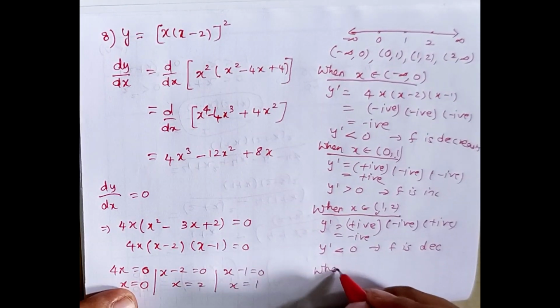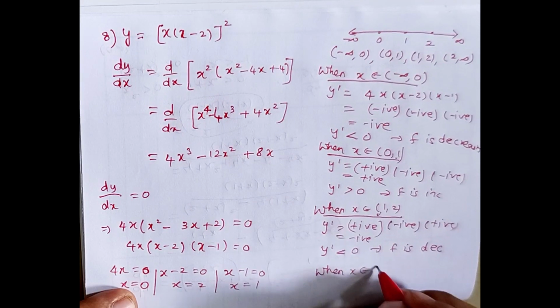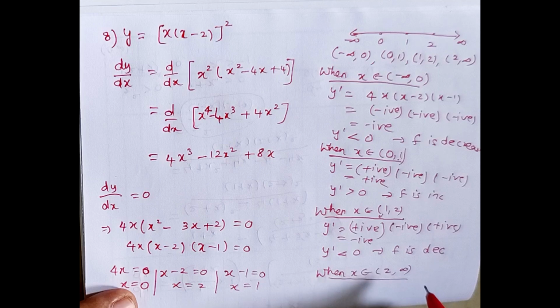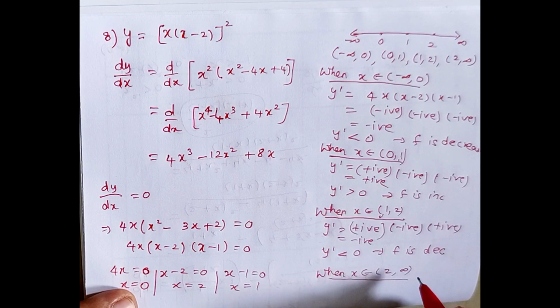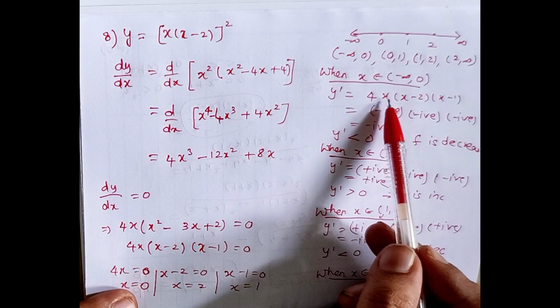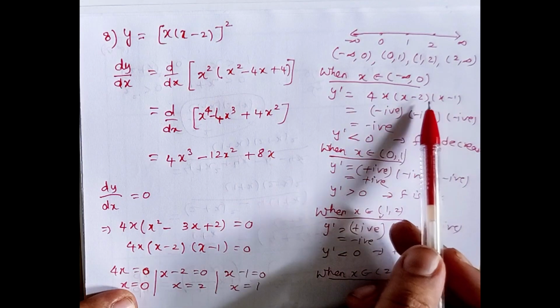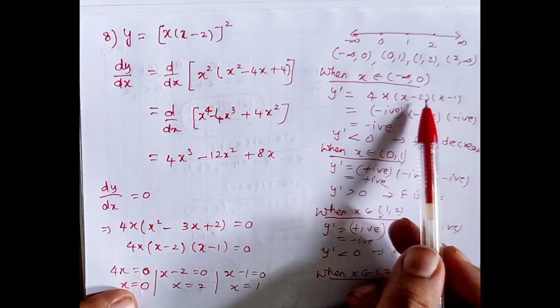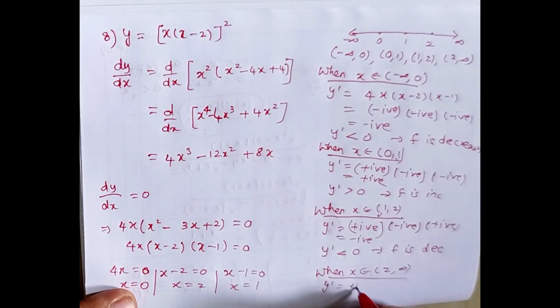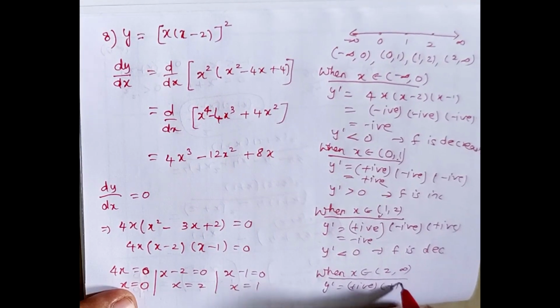Next, when x belongs to the interval 2, infinity, that means all the x values are greater than 2, so all the values are positive. And when you check with the sign, positive: the smaller numbers are 2 and 1 with negative sign, the greater number is x with positive sign. We get positive. So positive into positive into positive, everything is positive.